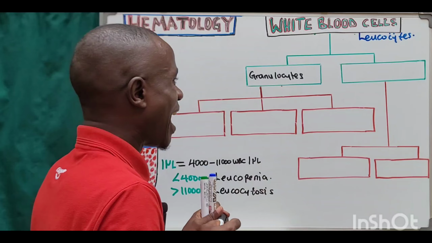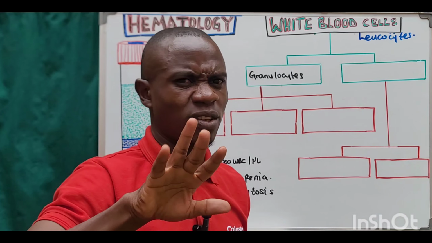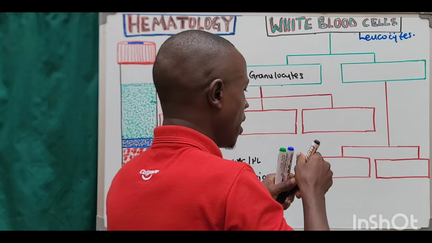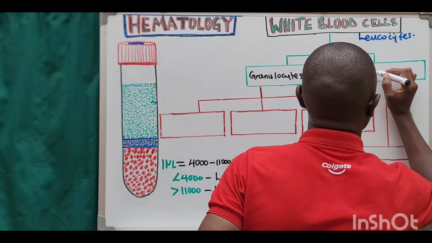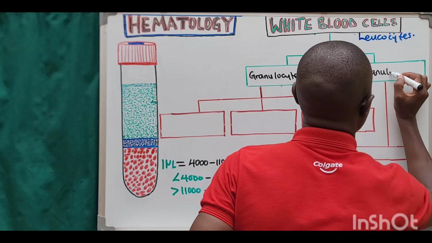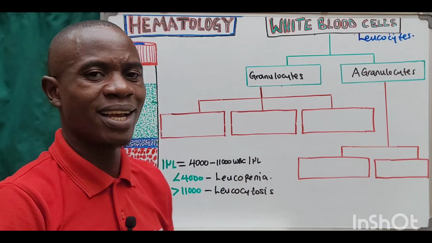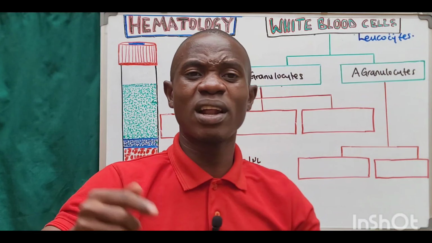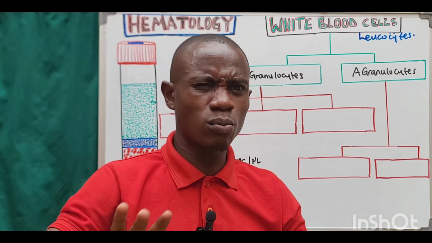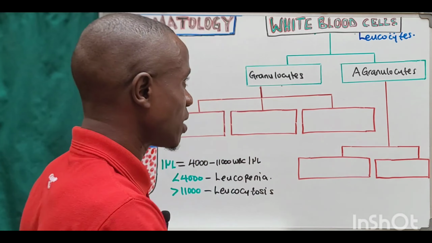And those white blood cells that do not have all that visible specific granules are categorized under what we call agranulocytes, or they can even be called non-granulocytes. It doesn't mean that there are no granules. There are granules, but they are not so specific and not so visible. But granules are going to be there.